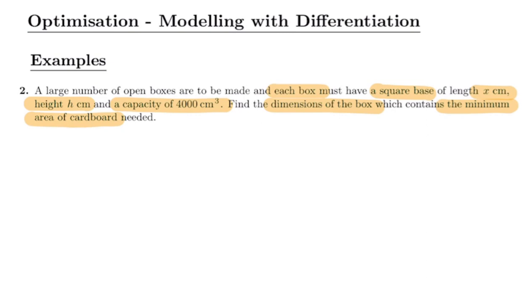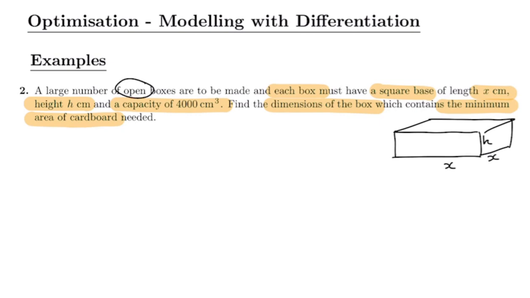Right, so the first thing I'm going to do is draw a little diagram. So over here, I draw the box. There's my box. That's x, and that's h. And remember, it is open. It has no lid. So the first thing I'm going to do is write down the piece of information I've got.